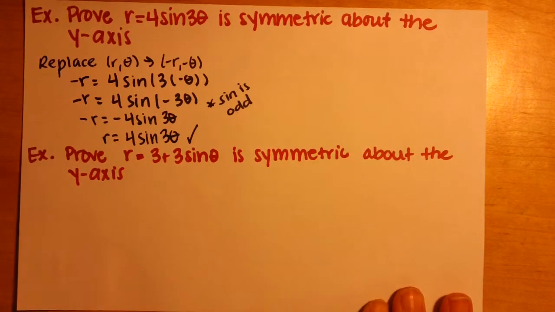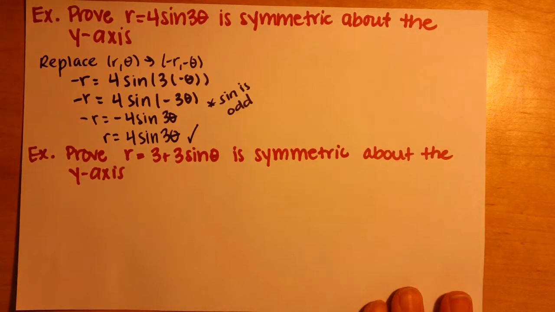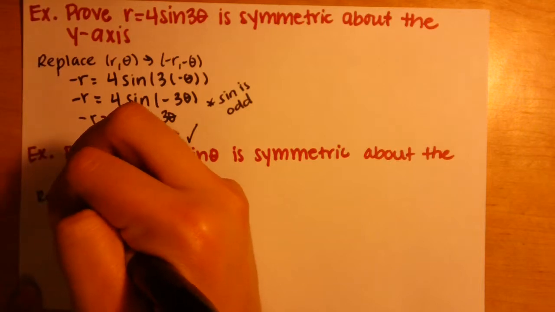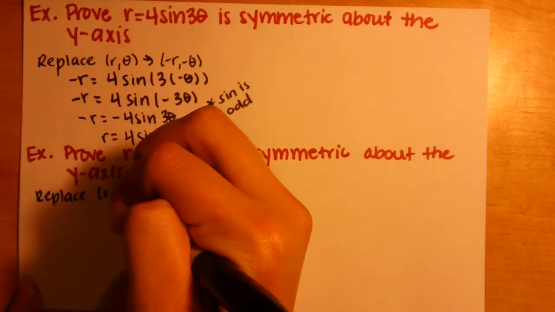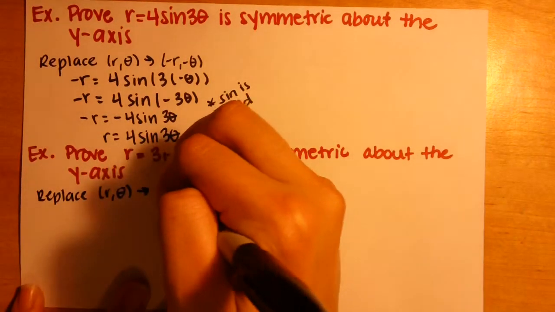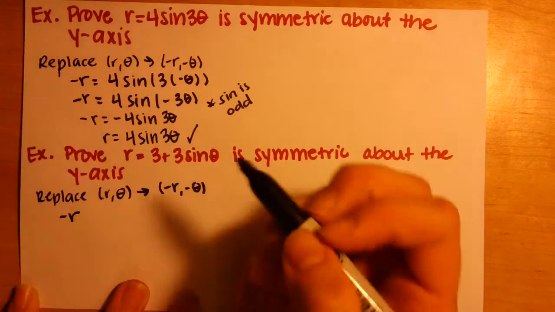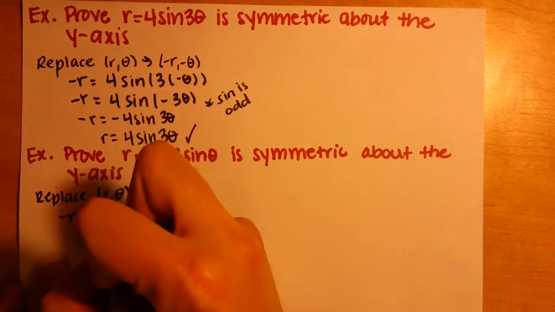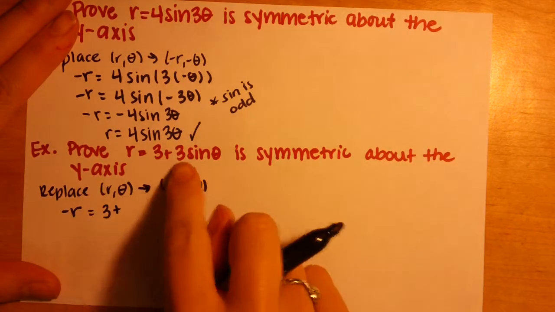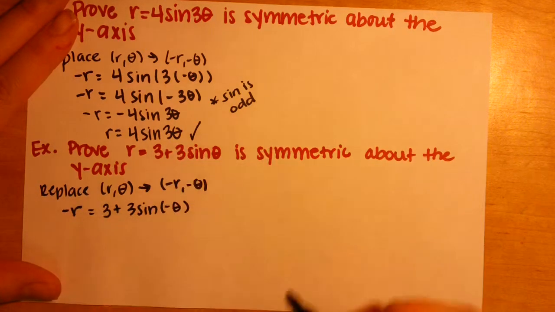Alright, so let's look at the second one. So we want to prove it's symmetric about the y-axis. So we can start with the same thing. We'll replace r, theta with negative r, negative theta. So r is replaced with negative r. We have 3 plus 3 sine of negative theta.